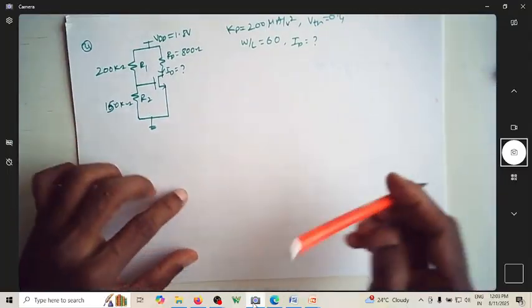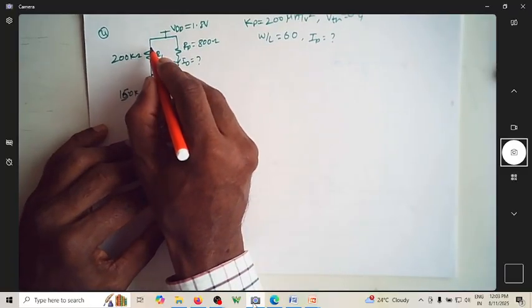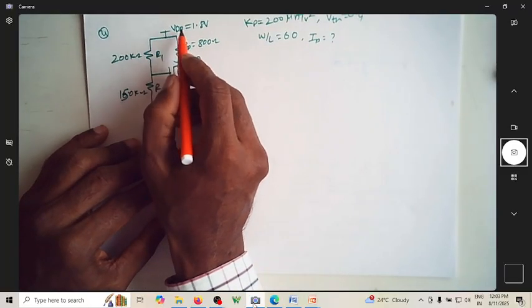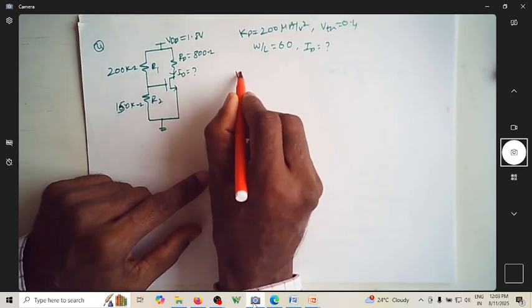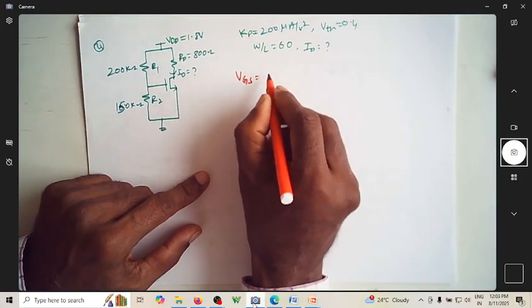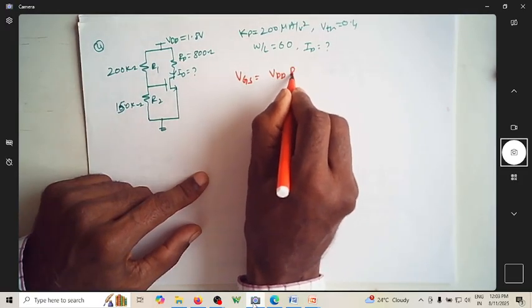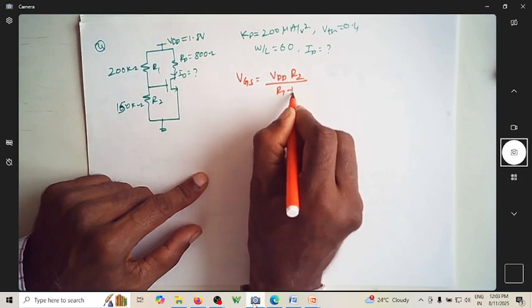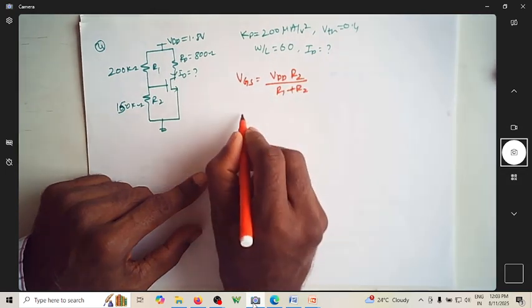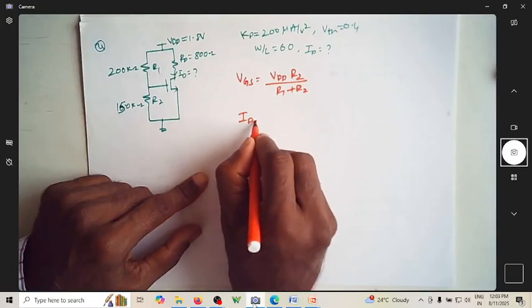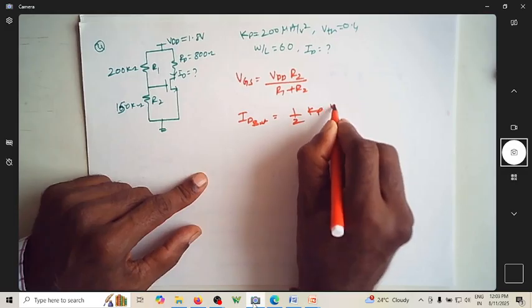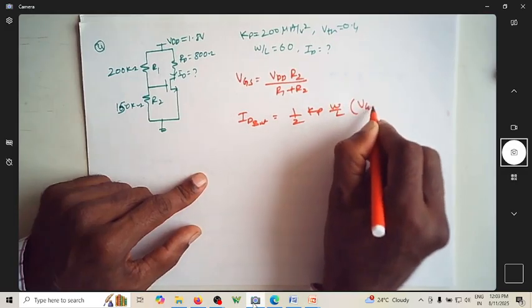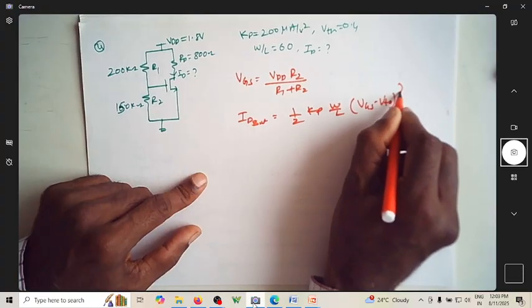Fine. So let us move on to this. Now you have this potential divider R1, R2 along with VDD that will decide what VGS is. So VGS is given by VDD into R2 by R1 plus R2. Once you know that, I can assume it is in saturation region. Write the equation of Kp W by L into VGS minus VTO whole square.